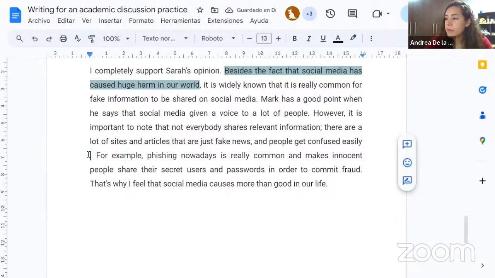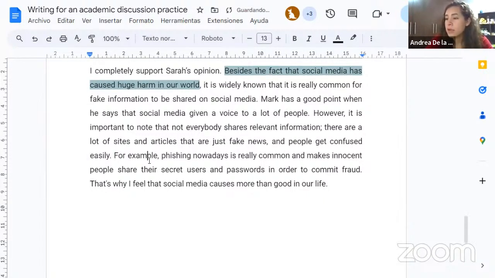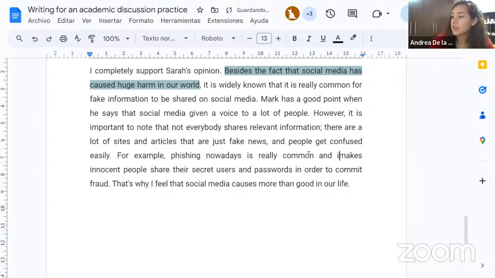And then you need to elaborate on your idea. So, for example, phishing nowadays is really common, and it makes innocent people share their secret users and passwords in order to commit fraud. Great. Just punctuation, but I like it.